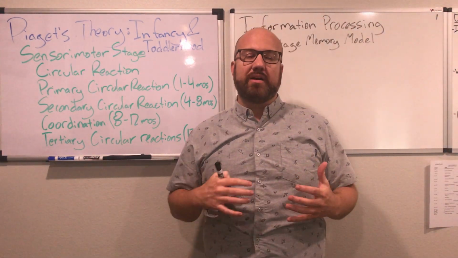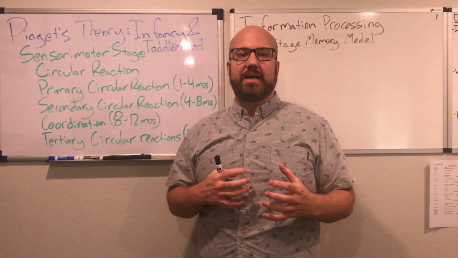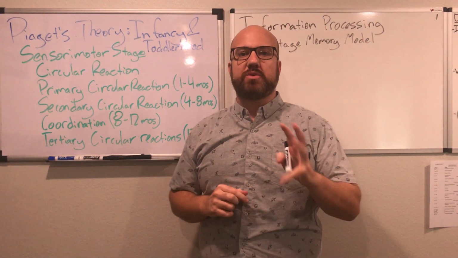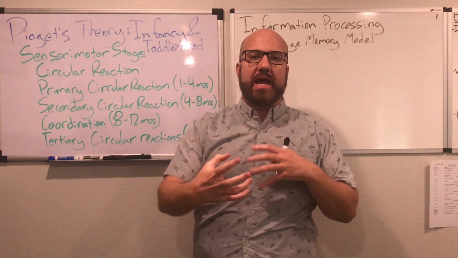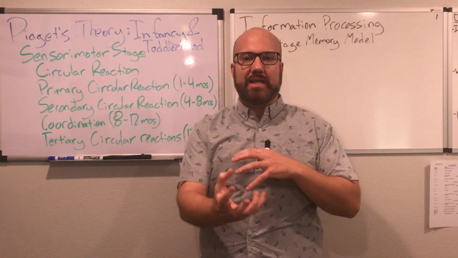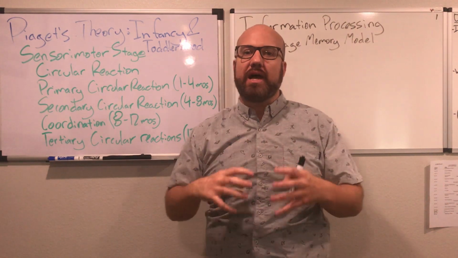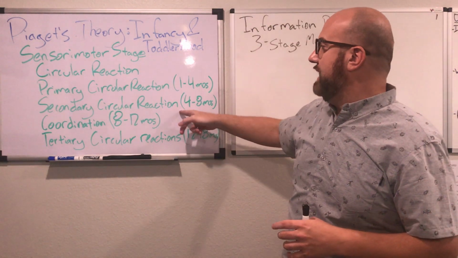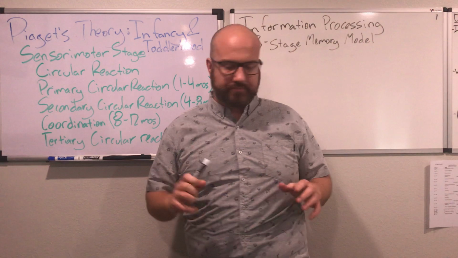This is where the child is developing a thought process: what if I do this, or what if I do that? How can I do this? So they have a goal-oriented mindset now, where they try certain things to see what happens, and that's 8 to 12 months.